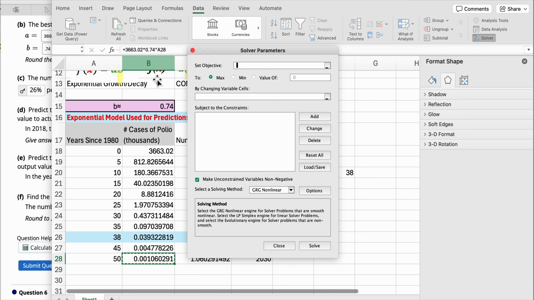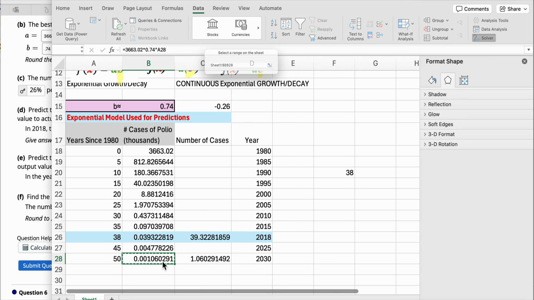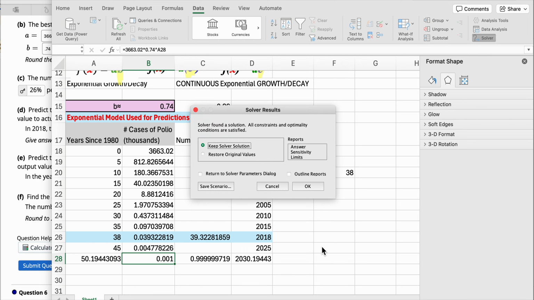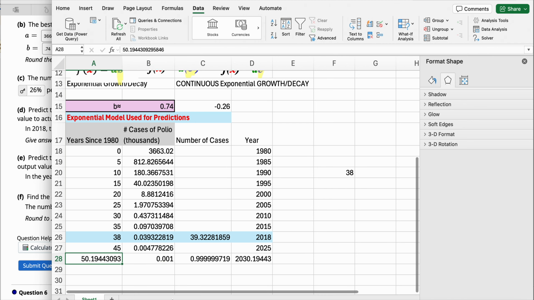I want to force cell B28 right here to exactly equal 0.001. And where do I want to put the result? Well, I want to put it right next to it in A28. I'm going to unclick that. Okay, I'm going to keep that.